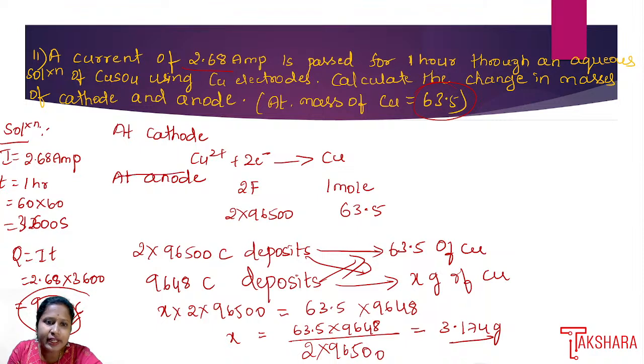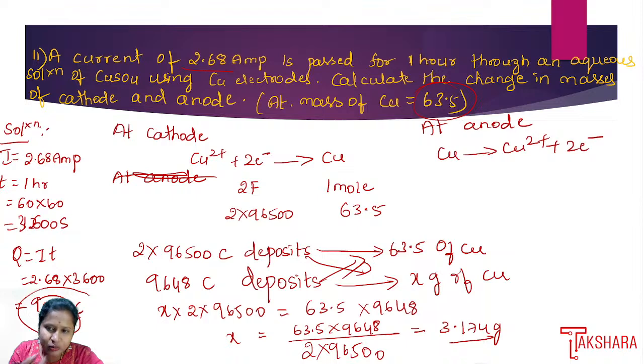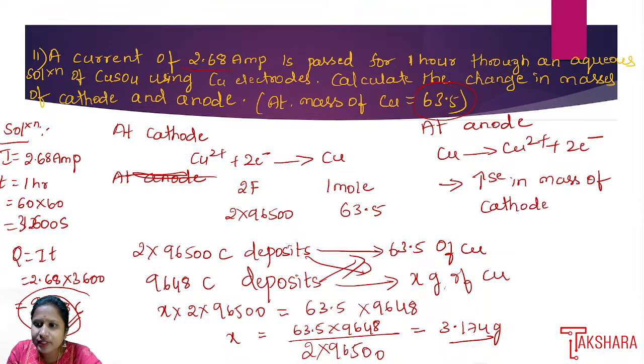At the anode, what reaction happens? At the anode side, copper is going to give Cu2+ and 2 electrons. Okay, so here there is an increase in the mass of cathode. So therefore from this we can conclude that the increase in mass of cathode is equal to the decrease in mass of anode.